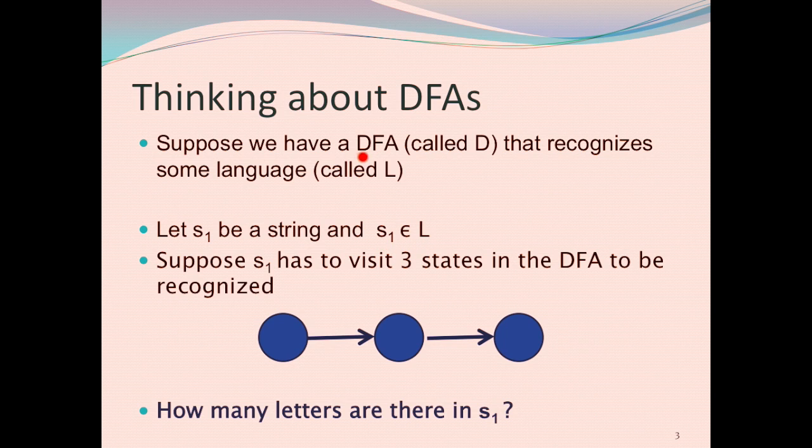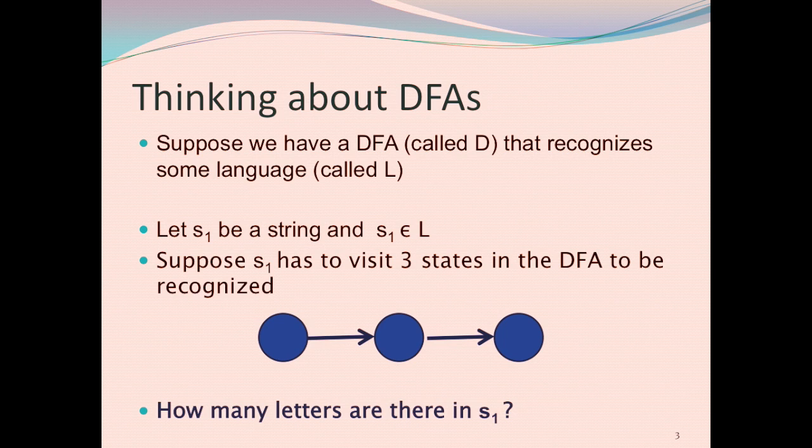So there's some way to go through that DFA and figure out S1. And suppose this picture is part of my DFA, and I have to visit 3 states in this DFA to be recognized. So I visit this one, I transition, I visit this one, I transition, I get to here, this one's a double circle, and it says, yep, S1's in there.